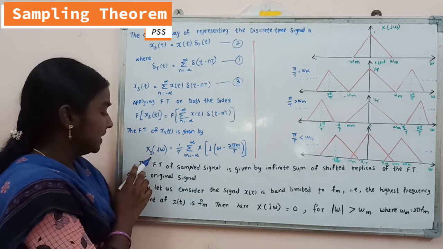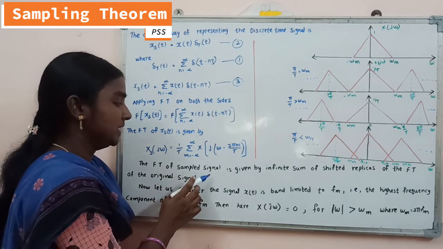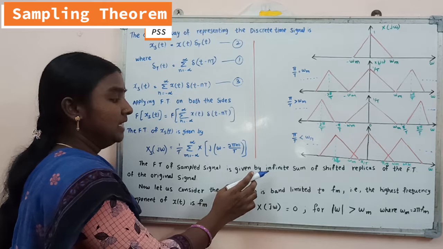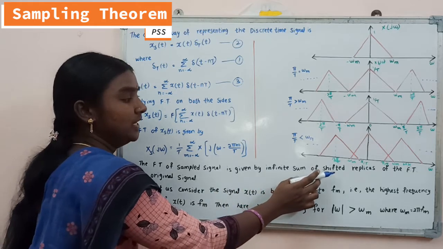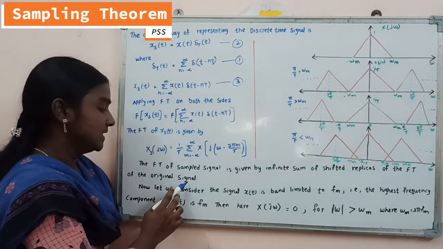If we observe this expression, the Fourier transform of the sampled signal is given by an infinite sum of shifted replicas of the Fourier transform of the original signal.